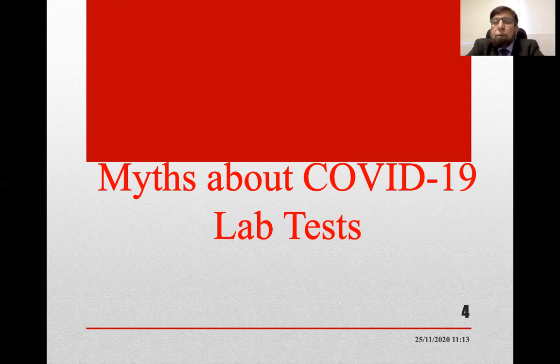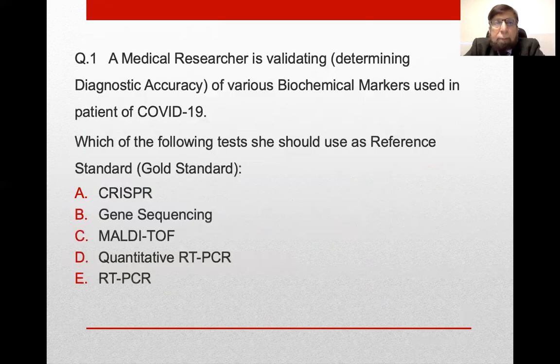Since we are lab people, we will discuss the myths about the lab tests. As my students know, my talk usually includes some questions, some MCQs, and I invite participants to answer those questions. If anybody can answer these questions by chat or something, they are most welcome.